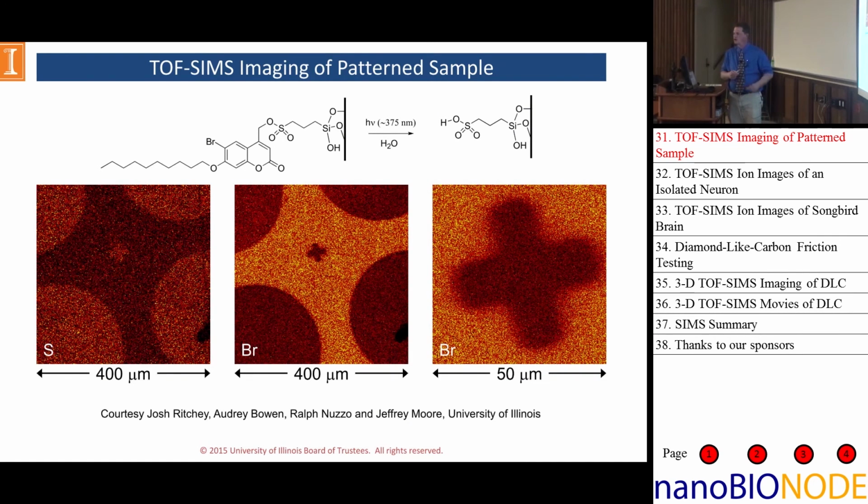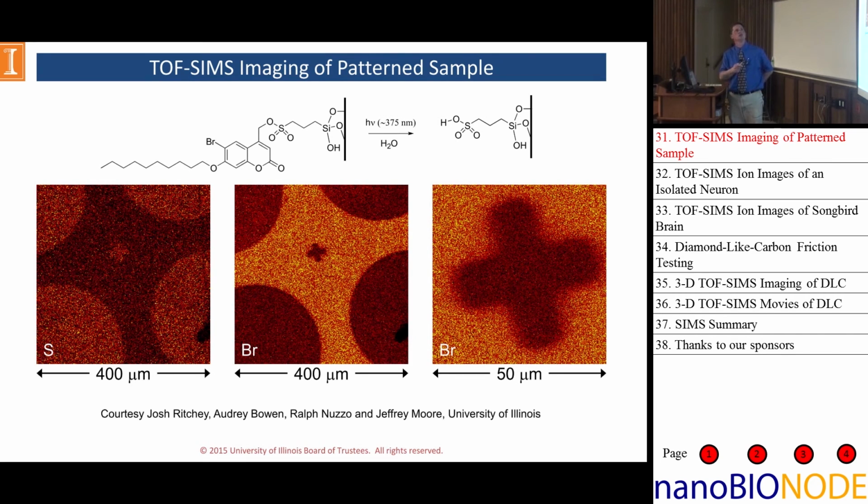Some work was done with Josh Ritchie and the Nuzzo and Moore groups. He had a molecule that, if he puts it under light, will break off, so by doing patterning he could make areas with the large molecule and without the molecule.